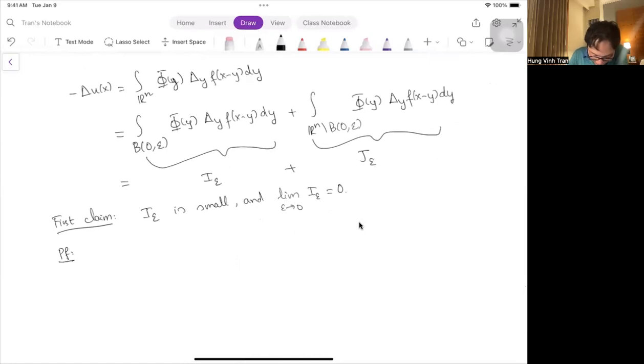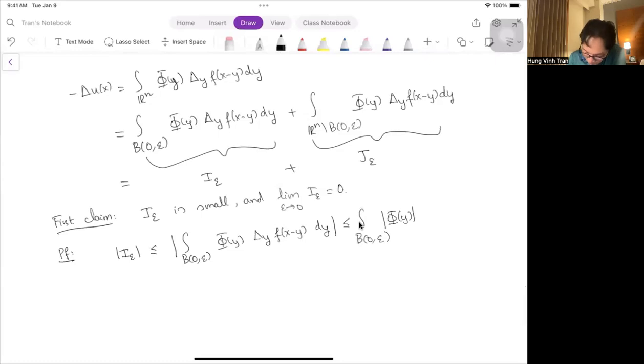Okay, let's put the absolute value around I epsilon. This is less than or equal to the integral inside this small ball of phi of y times Laplacian in y of f(x minus y) dy. Okay, I can put the absolute value inside. This is less than or equal to, remember that phi is always, put absolute value around phi, that's fine, absolute value of phi of y times Laplacian in y of f(x minus y) dy.